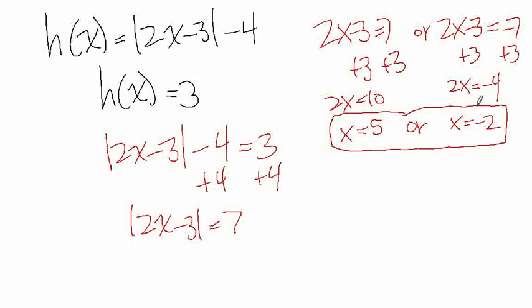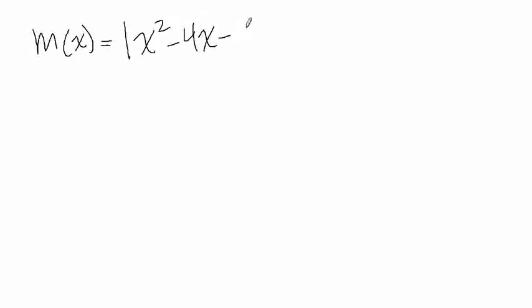All right? Now, we can also deal with absolute value functions that involve second-degree polynomials. Let me show you an example of that. So suppose m of x was equal to the absolute value of x squared minus 4x minus 5. And suppose we wanted to know what x values made the function evaluate to 7.